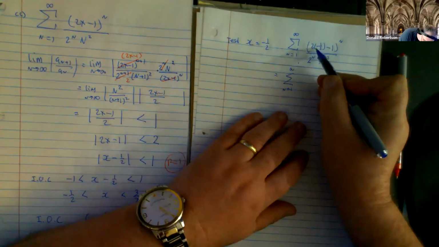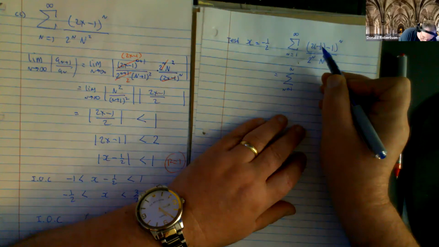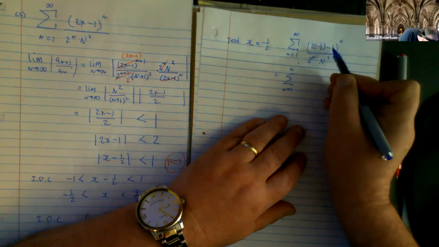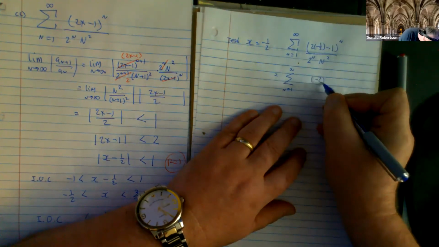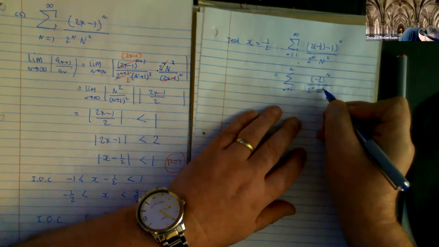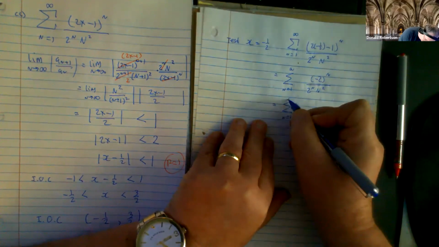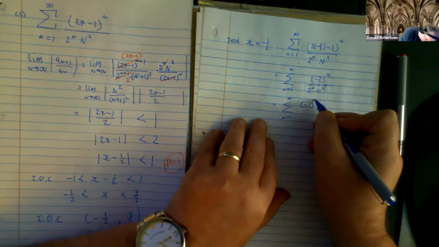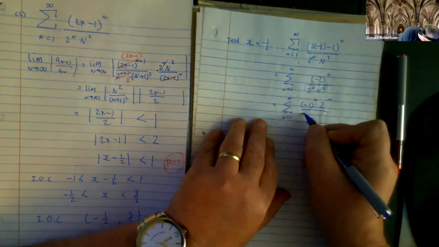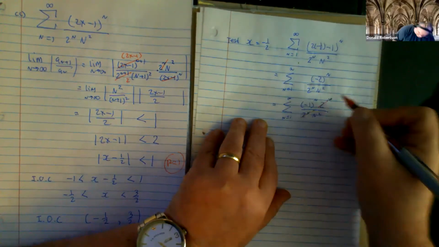That is -1. Is that? Yeah. And -1 take away -1 is -2. So I'm going to get (-2) to the n over 2 to the n over n squared. I had to think about that for a minute. Don't like numbers, separate them out. And very often, just as happened here, when you do that, you'll get a cancel.